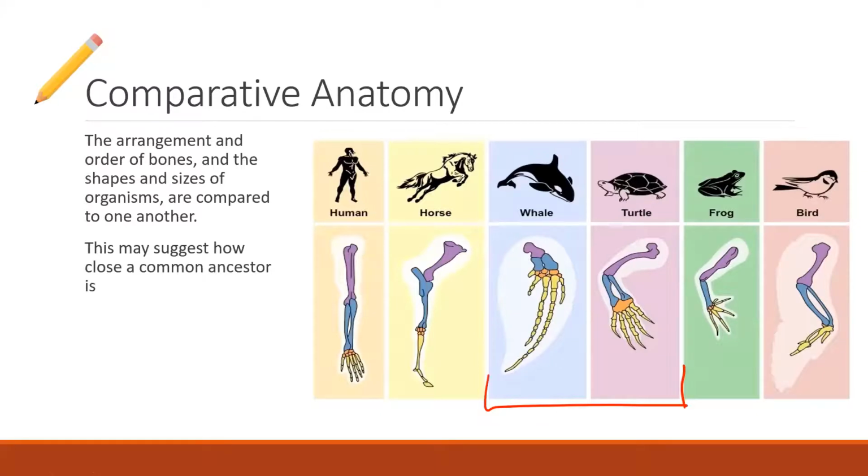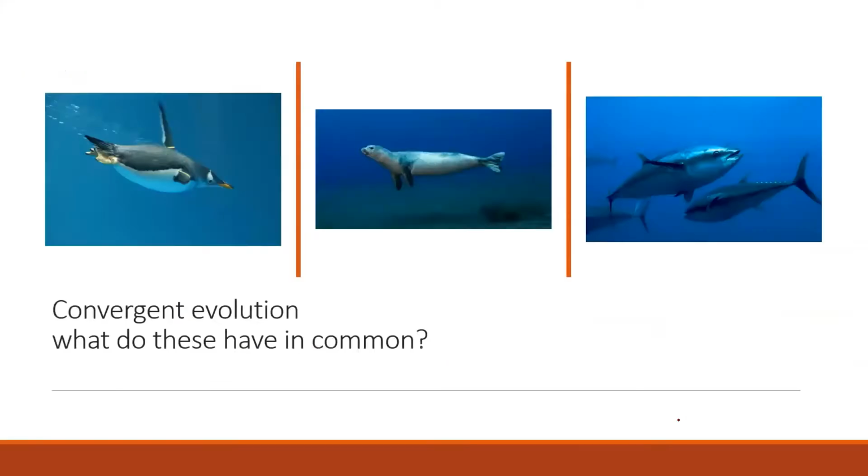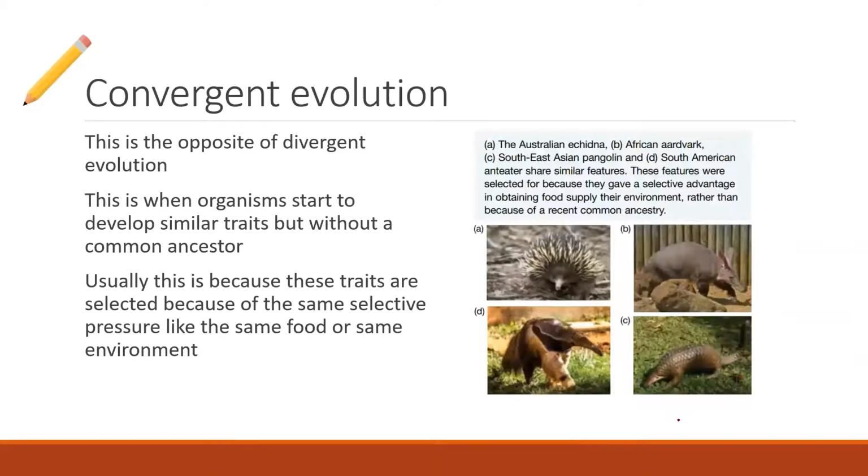But they may also look similar because of, what's that word? I've forgotten it. How did I forget it? I'm actually supposed to be teaching it to you. The word is convergent evolution.